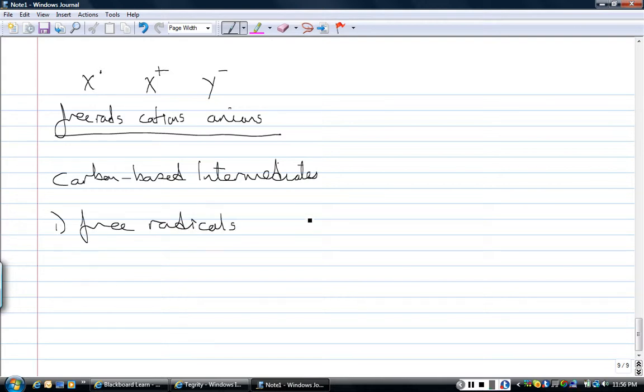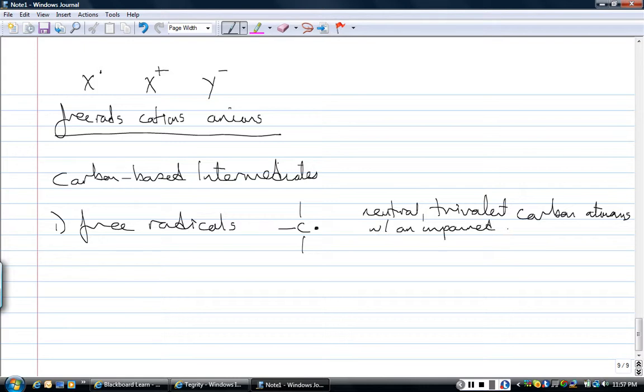And free radicals essentially are carbon atoms that are neutral and have a free electron. So they're neutral, trivalent carbon atoms with an unpaired electron.